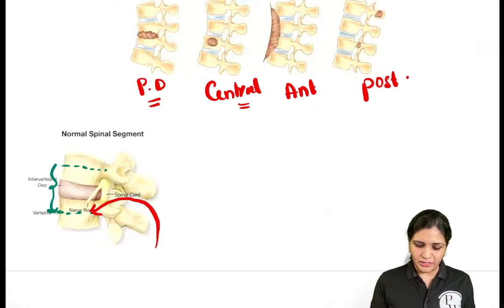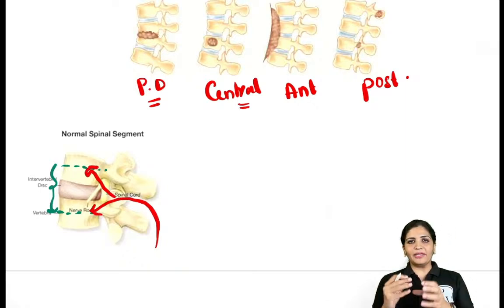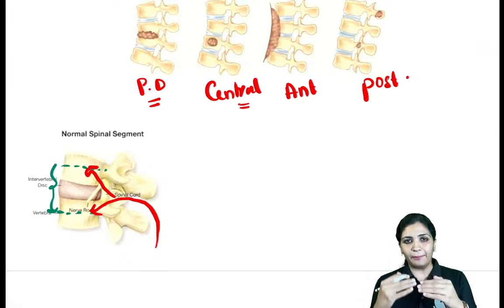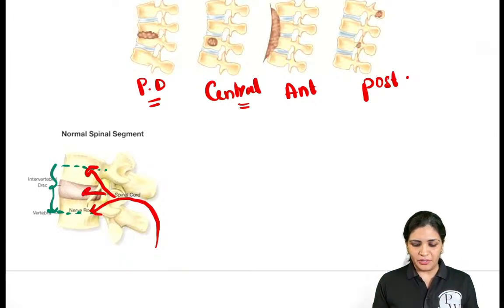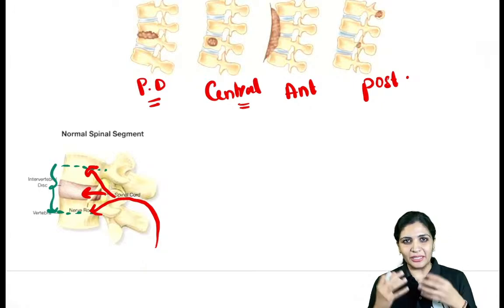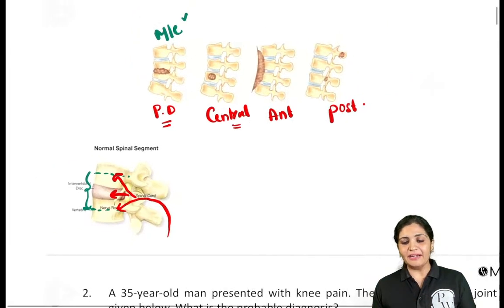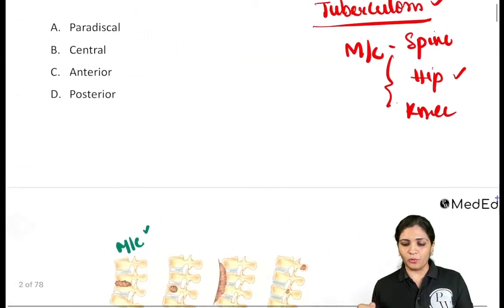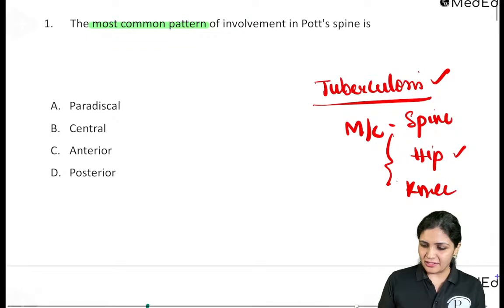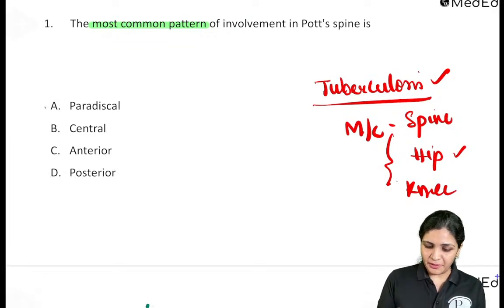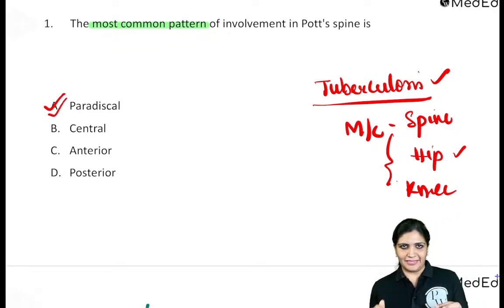The common blood supply is between the upper part and the lower part of the consecutive vertebrae along with the intervertebral disc. Hence, because TB is hematogenous, spreading mainly through blood, the paradiscal type is the most common pattern. So the answer to this question is paradiscal, right?